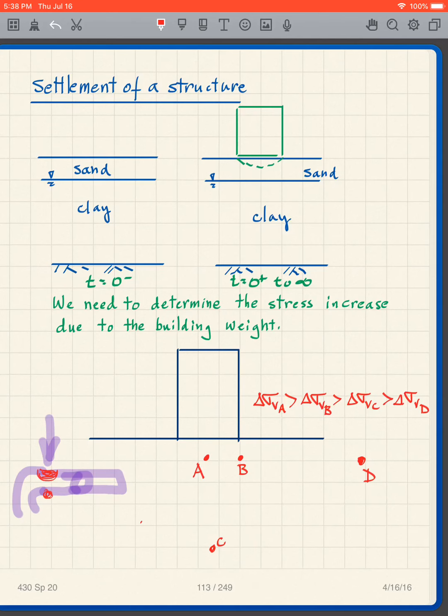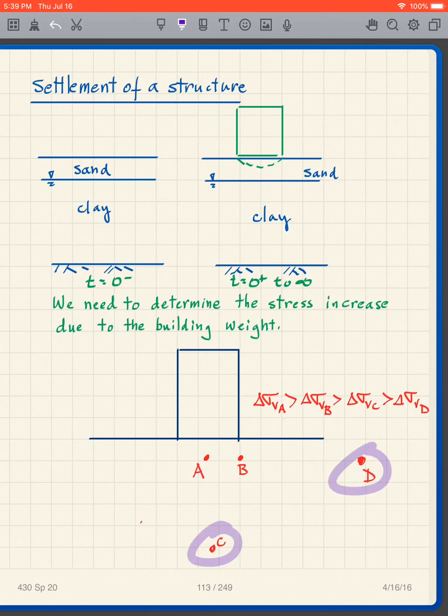So that is my point C. My point C does not feel that load simply because it's far away. The same reason you don't feel anything at the bottom of your hand, and your load is at the top of your hand. So what we're going to find is that point C doesn't feel very much, point D doesn't feel very much. And now let's compare points A and B. Point A is below the center of the structure and is up close.